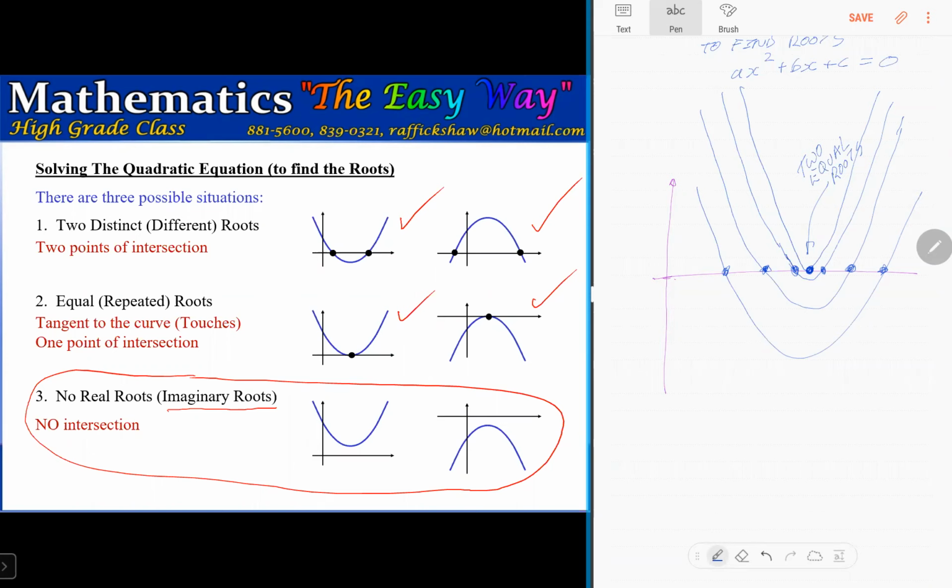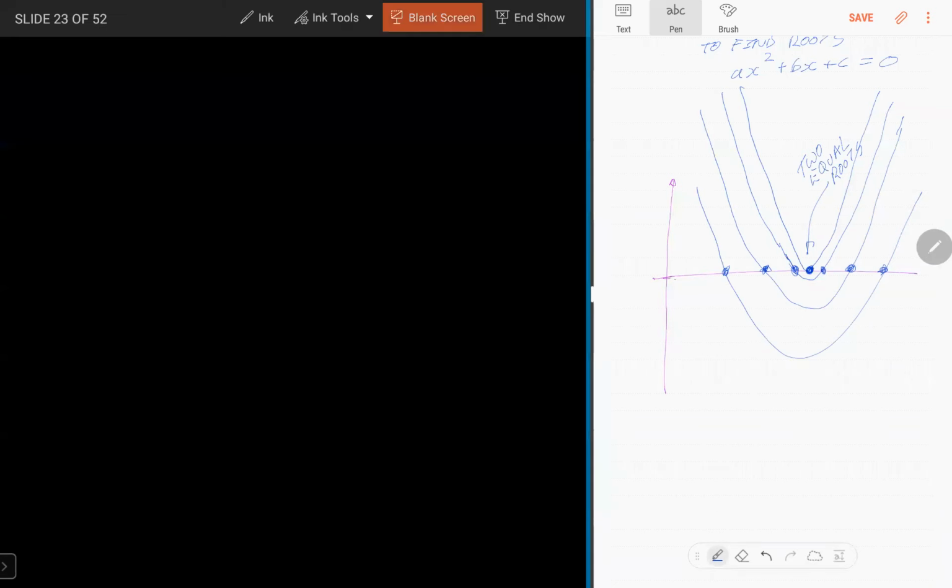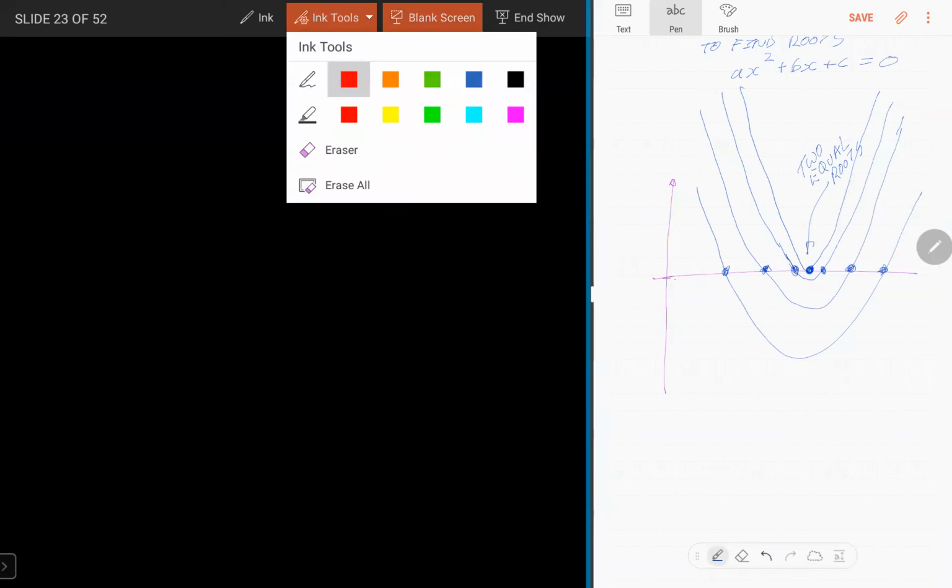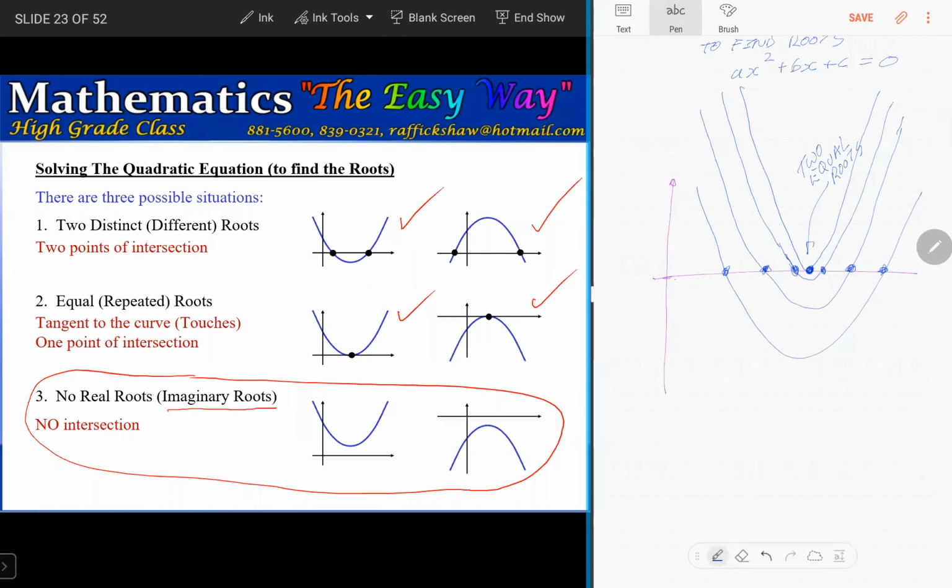Even if you get a graph like that, they won't ask you about the roots because the roots are imaginary, not real. That is for higher level maths. You get either the first one or the second one, not the third one. All right? So basically, that is that.